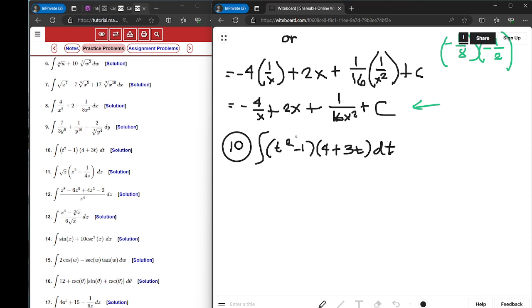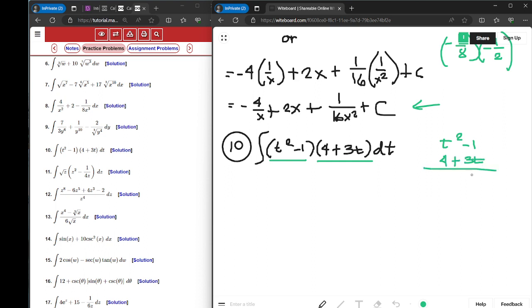I think we don't have a property or formula that gives a direct integral of this. The best way is to multiply these two binomials. So that would be t squared minus 1 times 4 plus 3t.